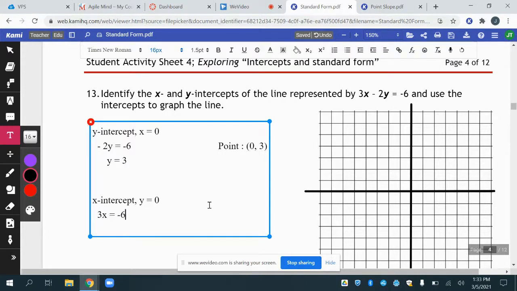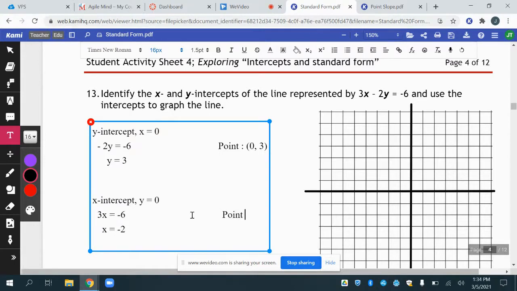Now I showed the steps that lead to that disappearing in the earlier one. That means the x has to be negative 2, because negative 2 times 3 makes negative 6. Point: negative 2, 0.